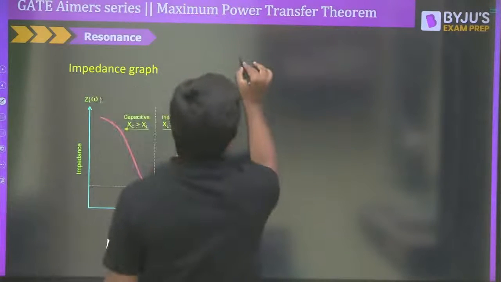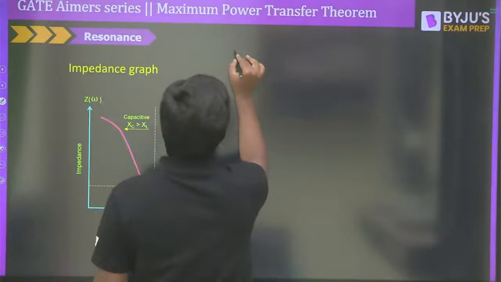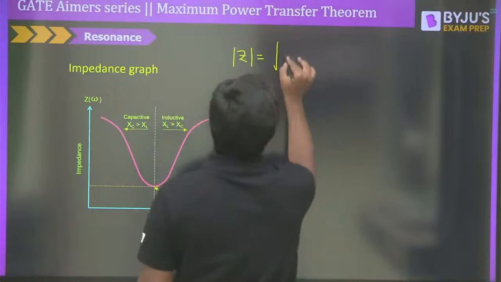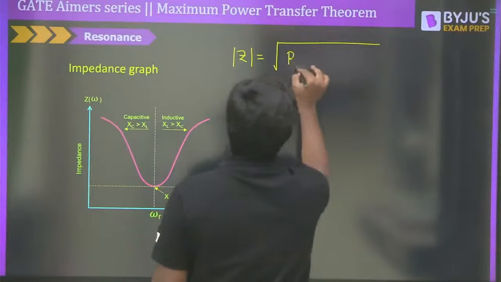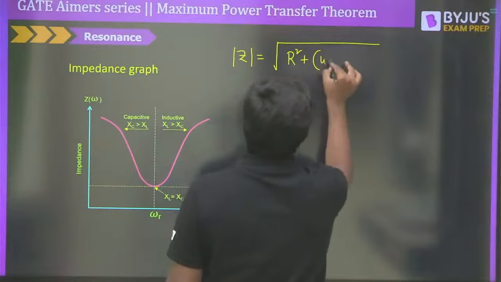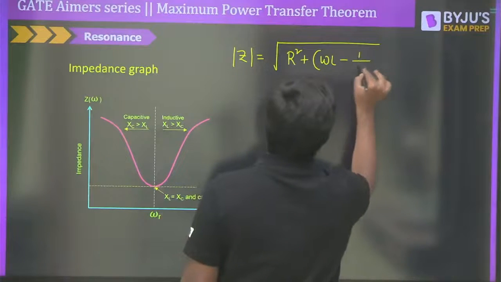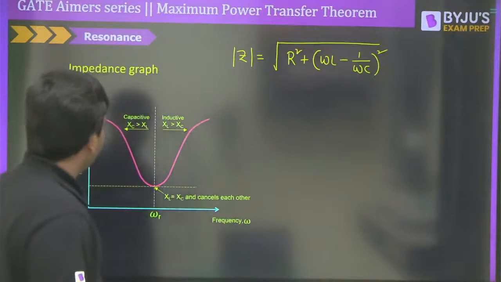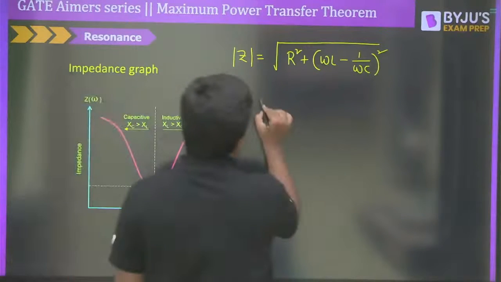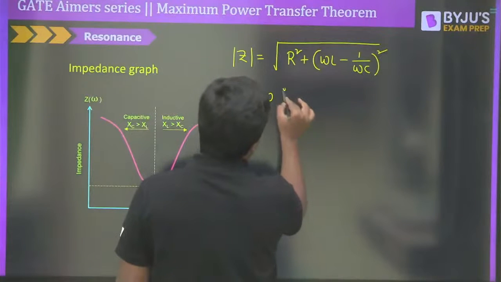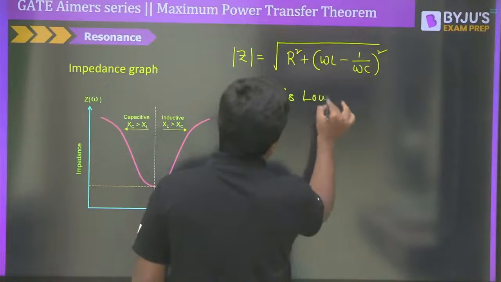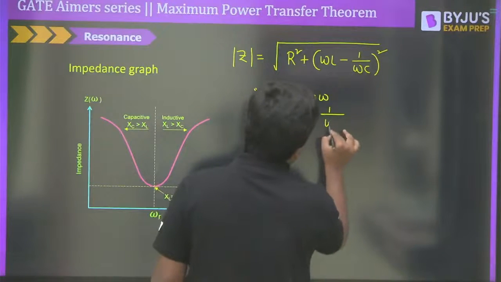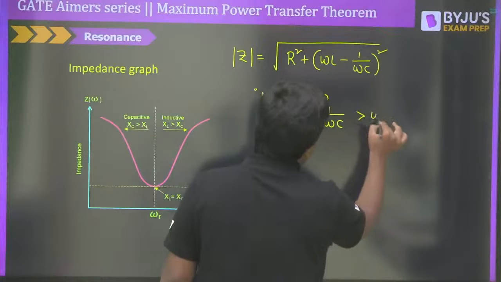So the magnitude of impedance, particularly the modulus of impedance, will be equal to the square root of R square plus omega L minus 1 divided by omega C, whole square. Clear? So generally, at lower frequencies, if omega is low, then obviously 1 by omega C is going to dominate omega L, correct?